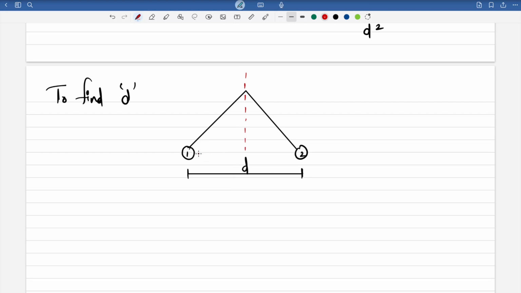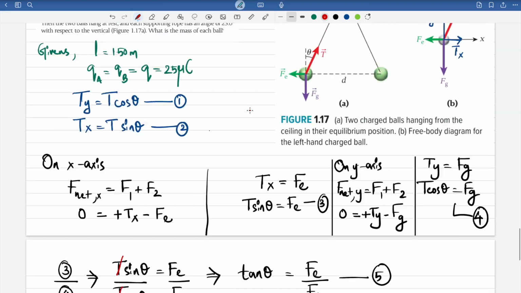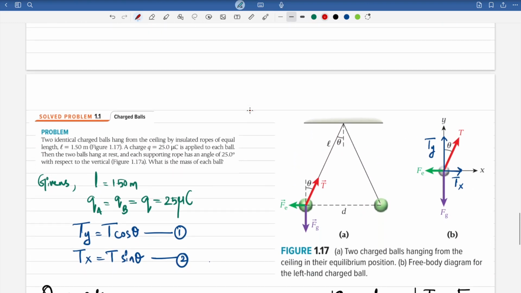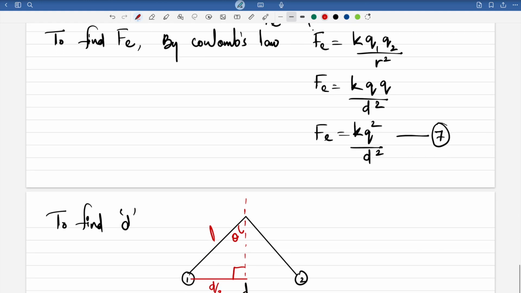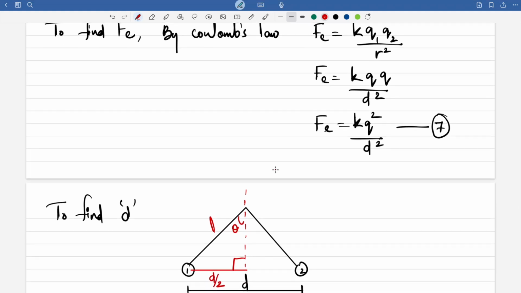So this distance will be D over 2, right? What about this distance? It's L, the length of the rope. That is L, right? And this is 90 degrees. So L is the hypotenuse, and this theta is given in the question, 25 degrees. Yes, this theta is 25 degrees.